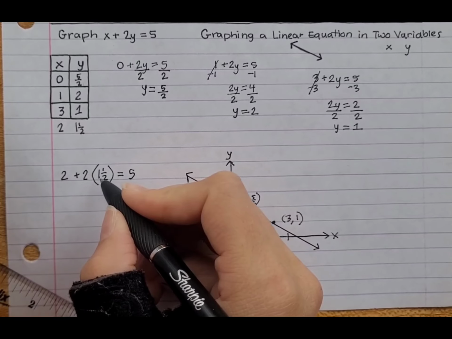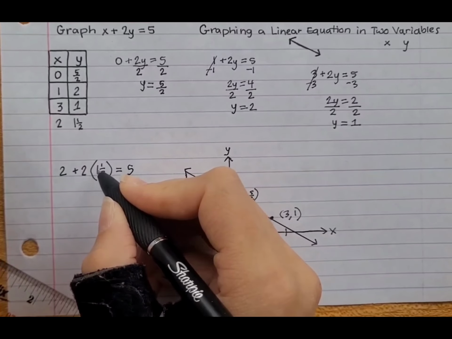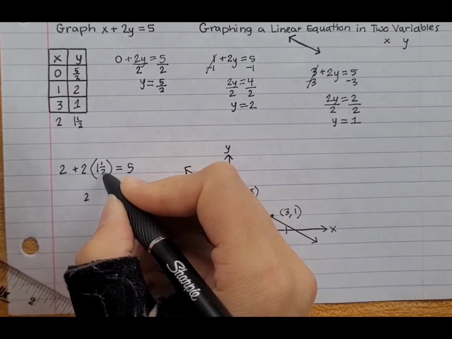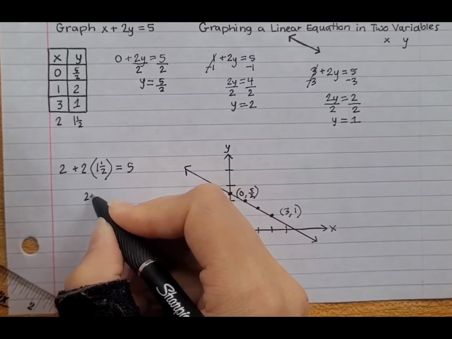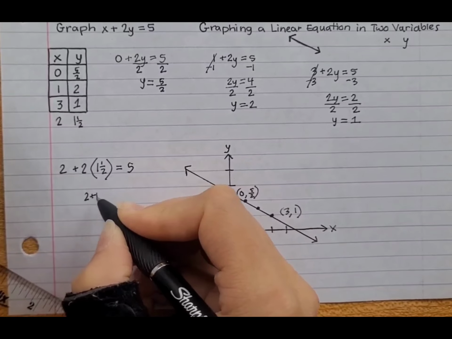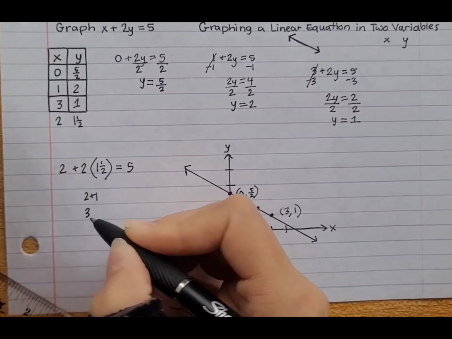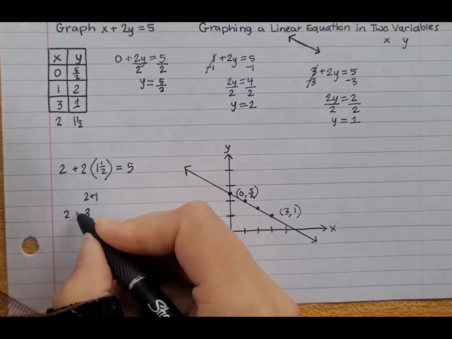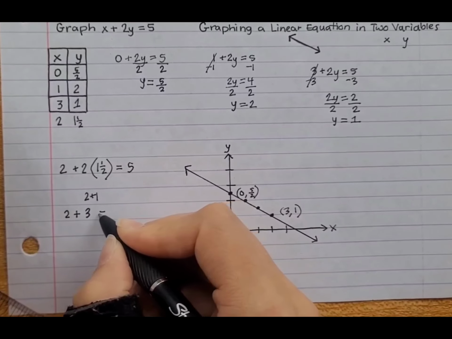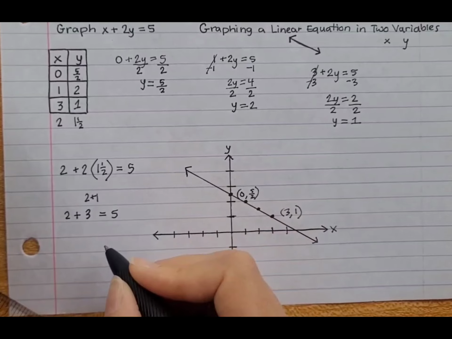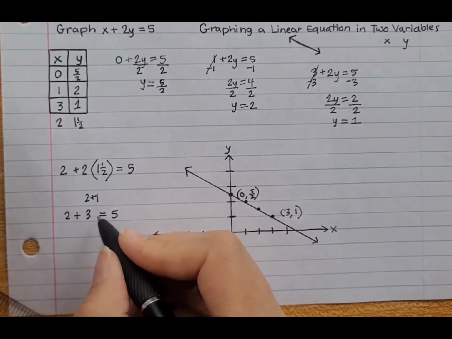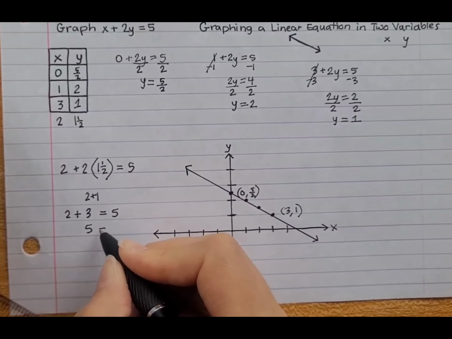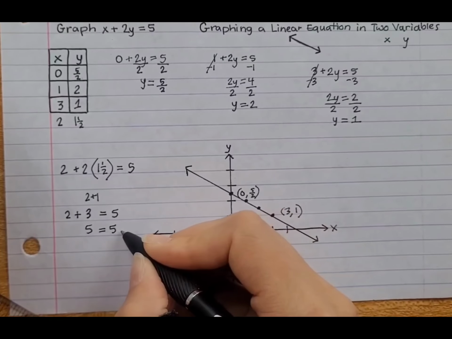So 2 times 1.5, 2 times 1 is 2, and 2 times 1/2 is 1. If we add those up, 2 plus 1 is 3. Okay, now we have 2 plus 3 equals 5. Is this true? Does 2 plus 3 equal 5? Yes. 2 plus 3 is 5, and 5 equals 5.